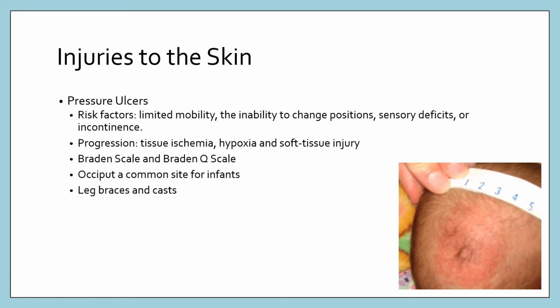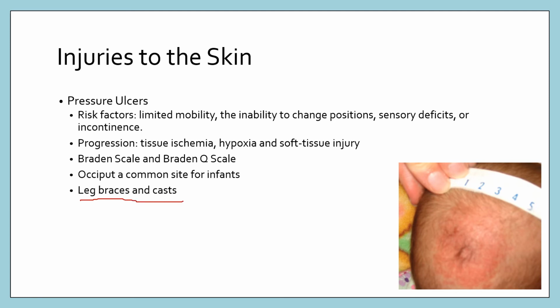In this case, you would do a Braden scale. That's the scale associated, and as you know, it's the same with adults. The ones that are most at risk are immobile, neurological deficits, poor nutrition is a factor, poor hydration, edema, anything like that. Other times you'll see this more commonly in kids is if they have leg braces or casts.